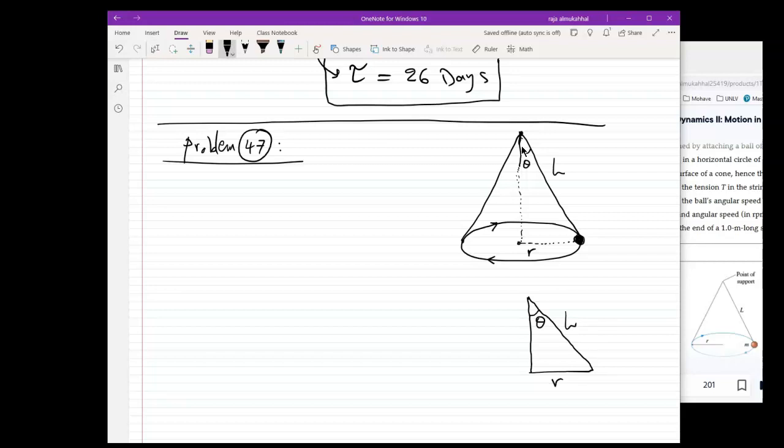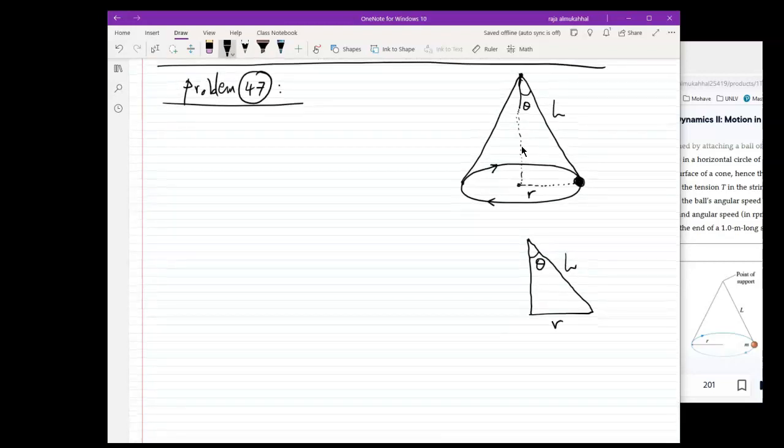So you would agree with me, if you do the basic trigonometry, R equals L sine theta. Make sense? So sine theta, let me write it this way, sine theta equals R over L.